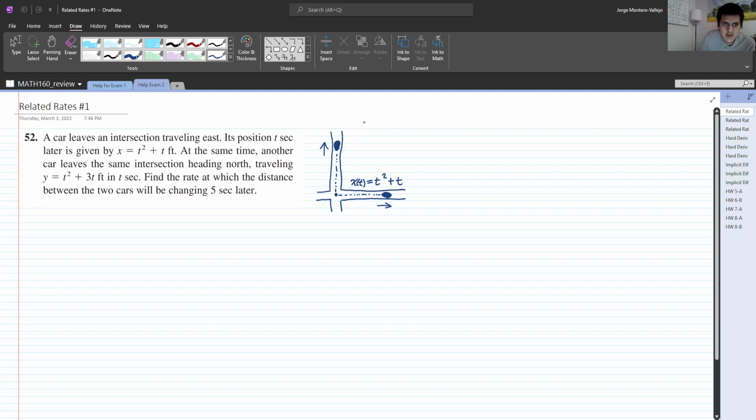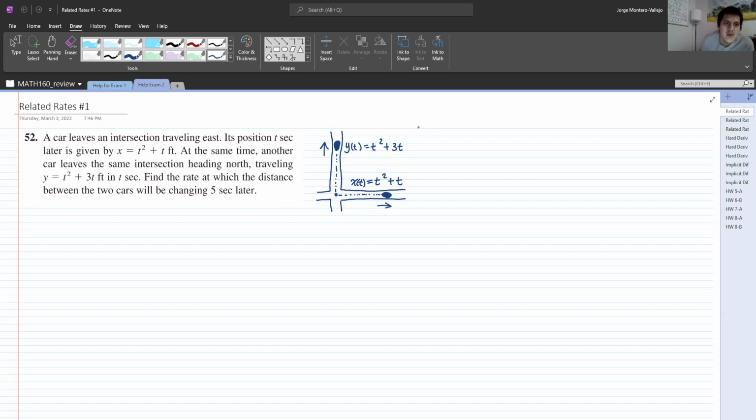Let's write it down over here. In the same way as x, y is also a function of t, so we can write this as y of t equals t squared plus 3t. So we have these two functions, x and y, that tell us the position of these two cars.